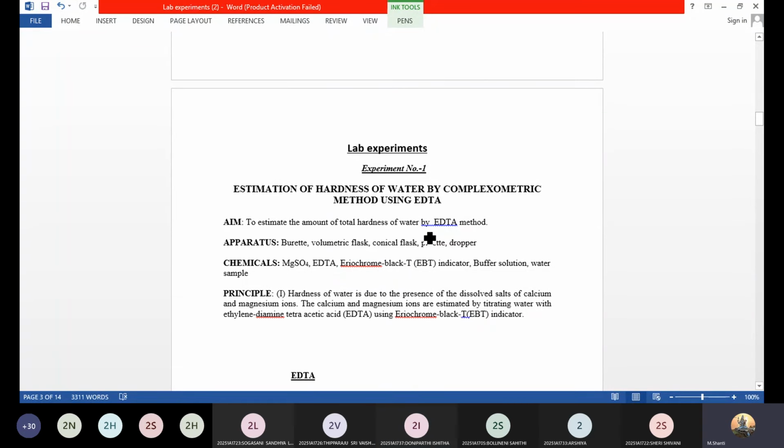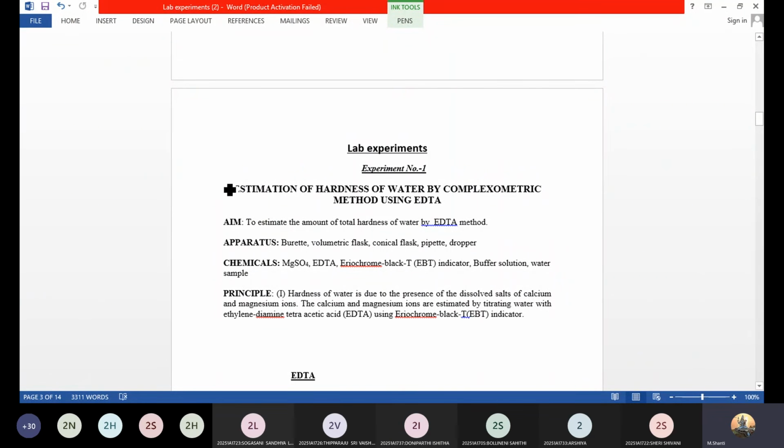Please read out once. Serial number, date of performing, title of experiment, date of submission, page number, remarks. Very good. Serial number, and date of performing means you write the same date.